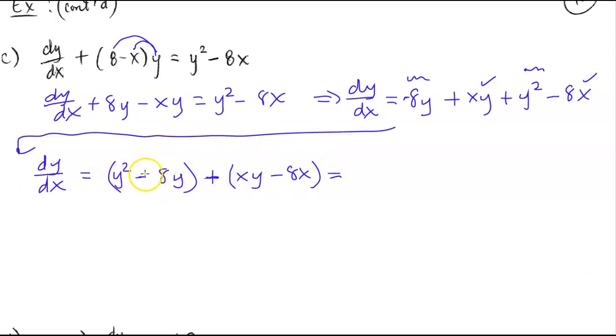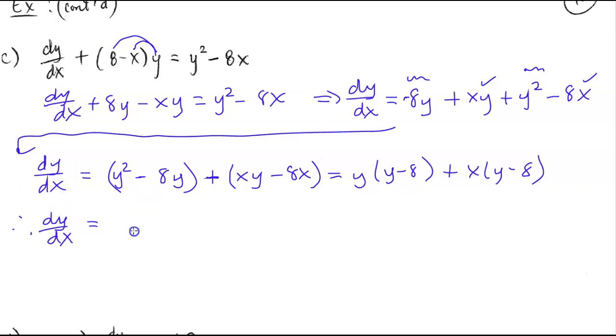And of course here I can factor a y out of both of those terms, and here I can factor an x out of both of those terms. And of course we see that inside the parentheses we have y minus 8 being the same. So if we factor that out, y minus 8, then what we have left is a y plus x here.